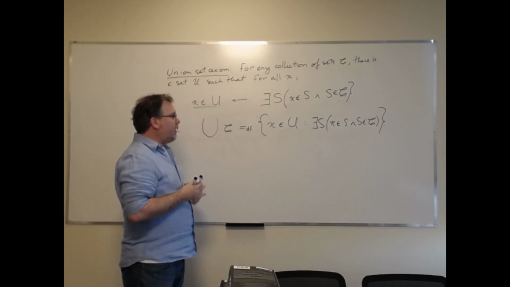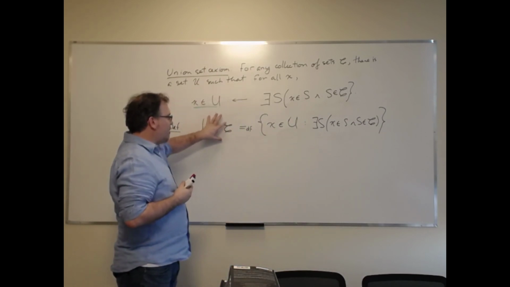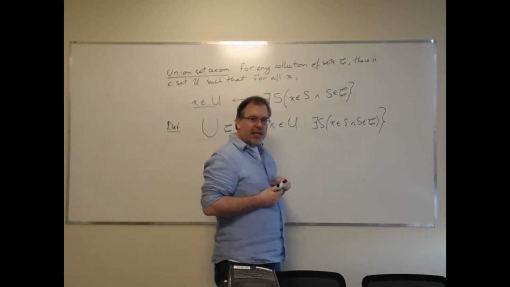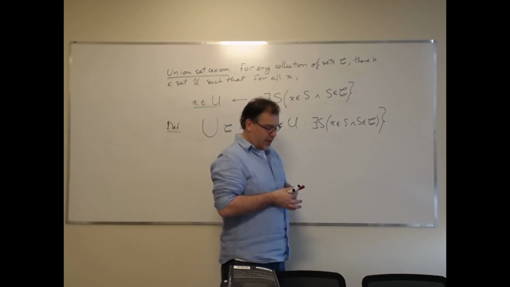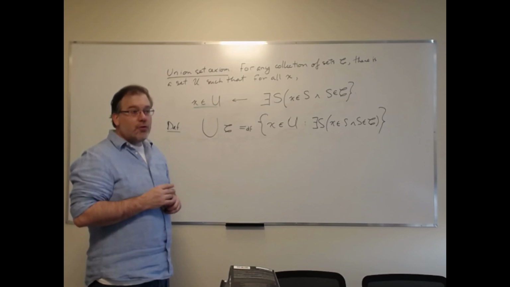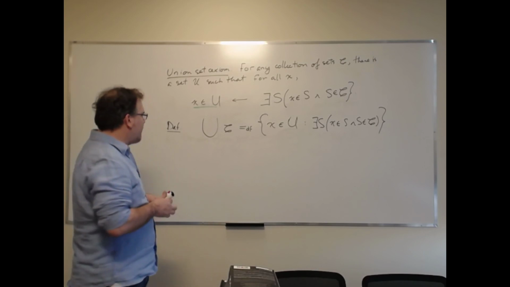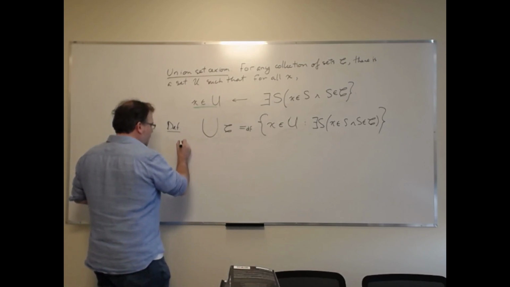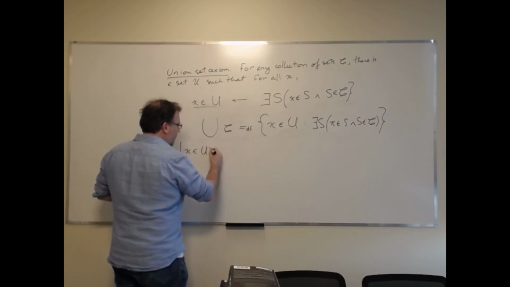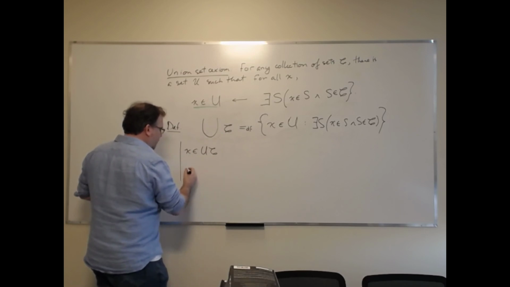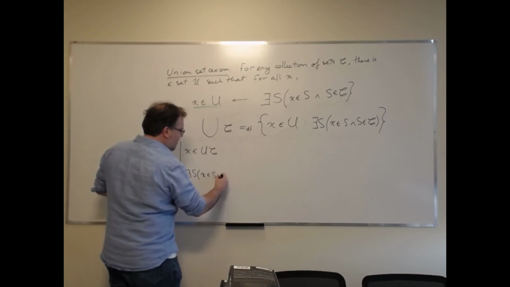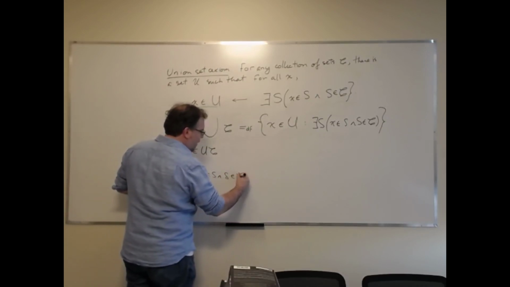So this way, an element is in the union set if and only if it happens to be in one of the sets in the collection. And that gives rise to a couple of Fitch-style rules that we can use to talk competently about union sets. So we can say X is in the union of C, and we can derive from that that there exists an S such that X is in S, and furthermore, S is in the collection.